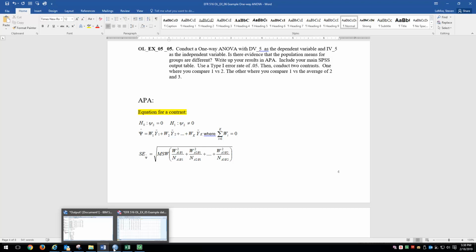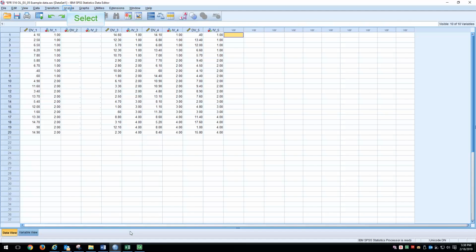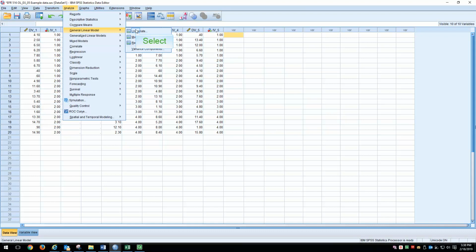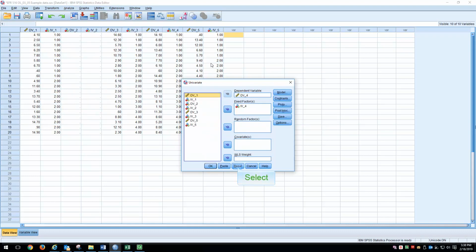So I'm just going to go Analyze, General Linear Models, Univariate. I'm going to reset this. Independent variable is 5, dependent variable. Let's see, I want to ask for my means as well.